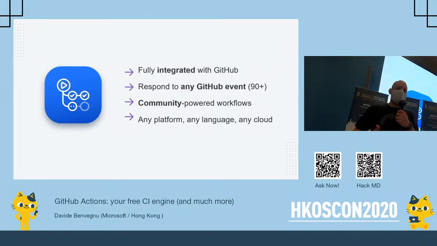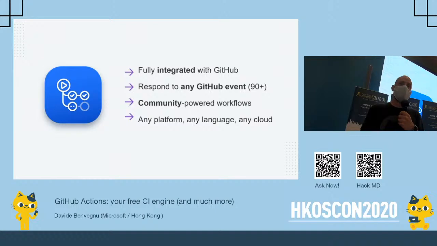For example, of course, when you push your code to your repository, like any other CI system, but also whenever a contributor opens an issue, or when you want to automate some flows in your pull requests, and so on. Or maybe you want to schedule something to happen every day or every night.